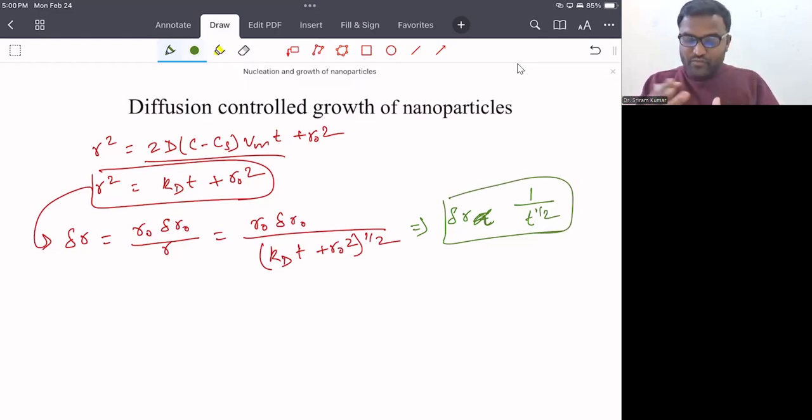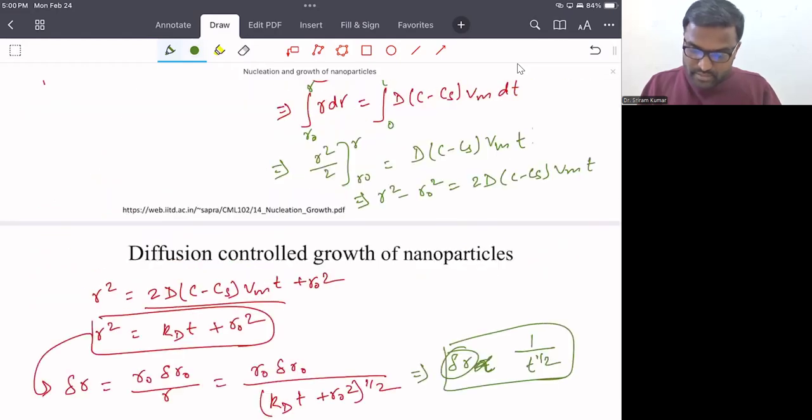In the diffusion control process, it takes a very long time from bulk to the interface. So if you have a larger time, the change in the size of the particle is very small.